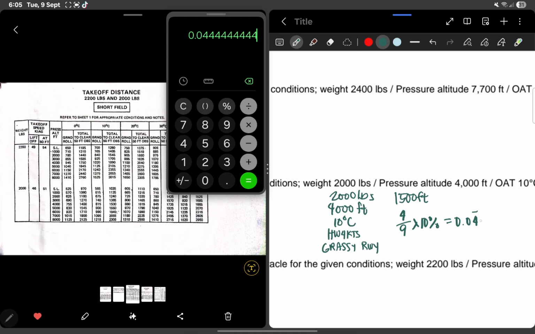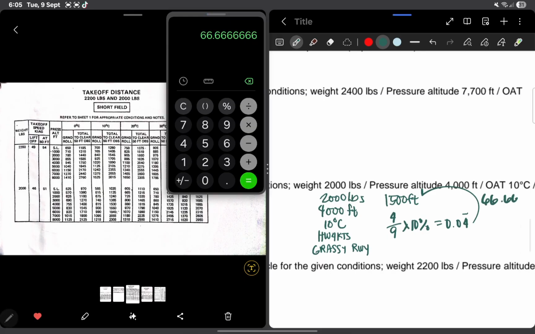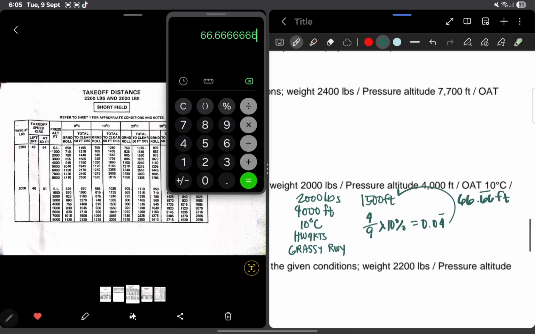After this, we will then multiply it by our distance. So let's multiply 1,500, and our value is 66.66 feet.